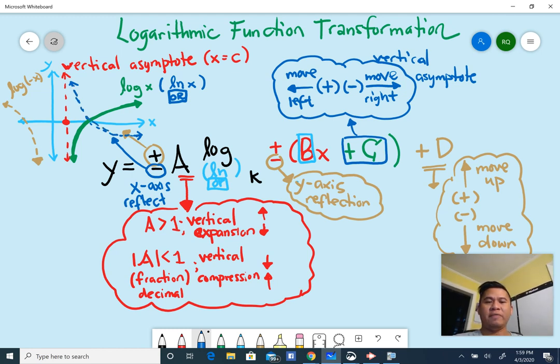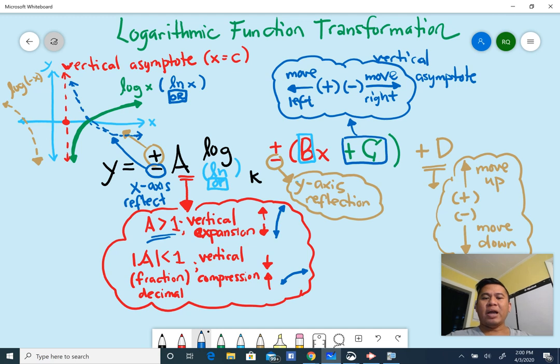As we've seen, this is that particular thing where it reflected along the x axis. That's for a negative. If a is more than 1, then we do vertical expansion. So in that case, it would be somehow like that in there. If the absolute value of a is less than 1, that means it's a fraction or a decimal, then it would be compressed vertically.